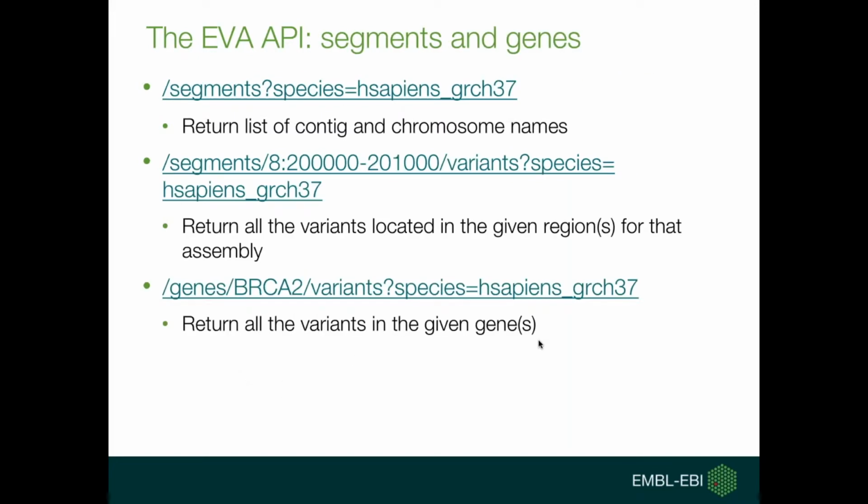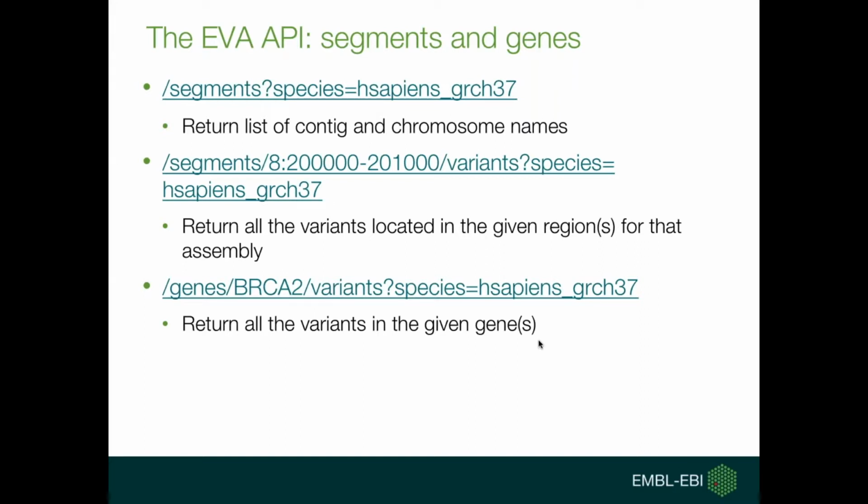The segments category is used for querying the variants in a given chromosomic region. So we have a first endpoint, the segments one, that will return the list of contig and chromosome names that contain variants in a particular species, in a particular database in our archive.